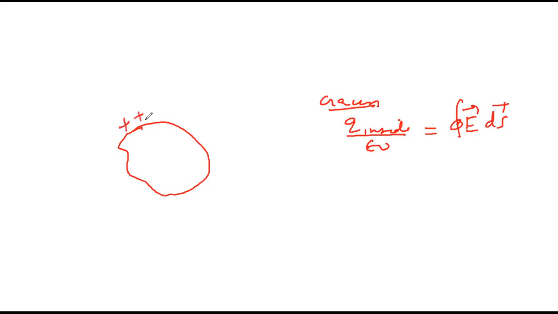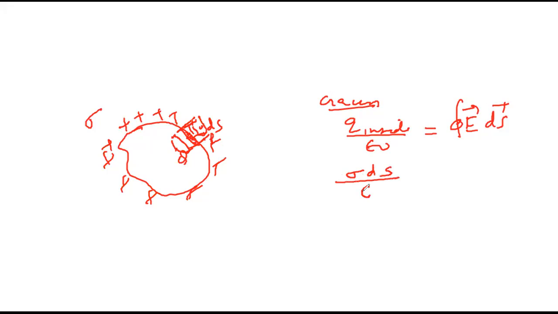So if I consider a charged conductor of any shape having surface charge density sigma, ds be the elemental area, let P and Q be 2 points outside and inside, draw a Gaussian cylinder. So charge enclosed will be this or not? Charge enclosed, can I write it as sigma ds upon epsilon naught?